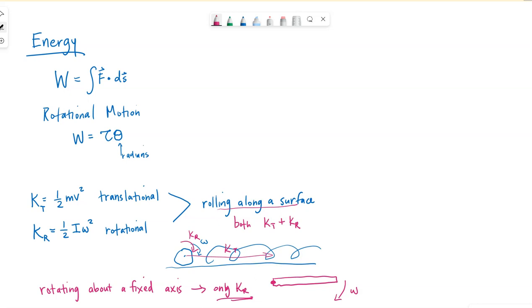Now, in terms of gravitational potential energy, our equation is mgy. Why? Let's go back to this meter stick. If I'm holding the meter stick horizontal and I release it from rest, I know the force of gravity we can treat as if it were acting only at the center of mass.